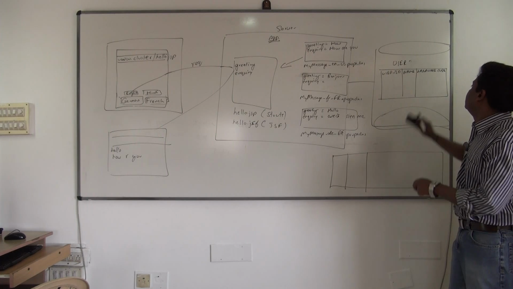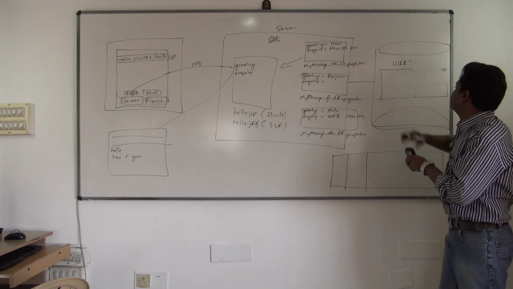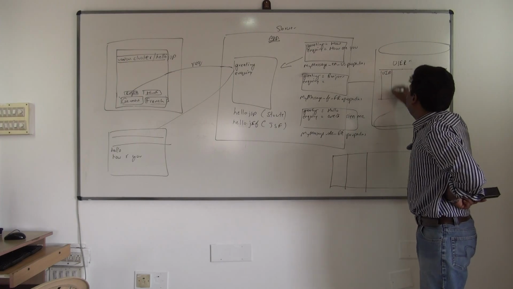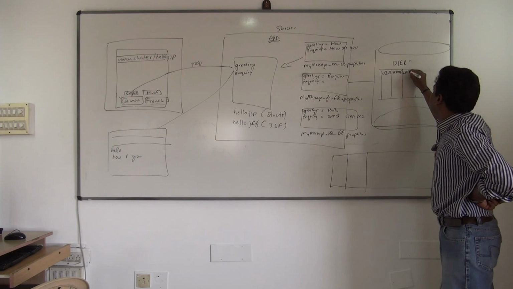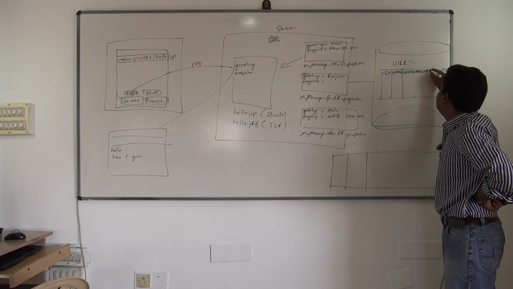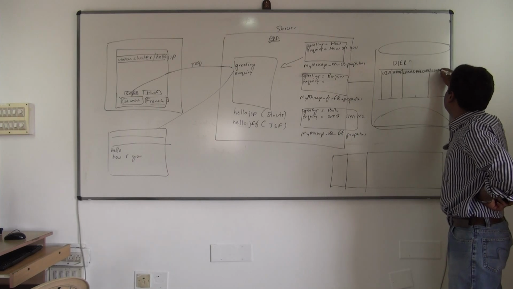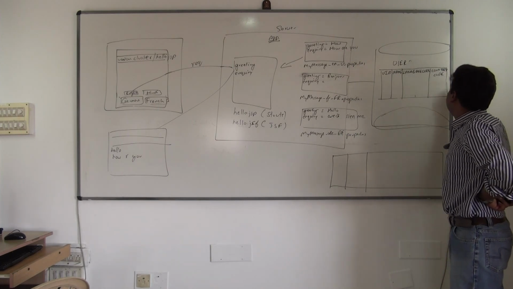Or one second, I'll just make it simple here only. User ID, name, language code, country code. Like this you'll have columns.